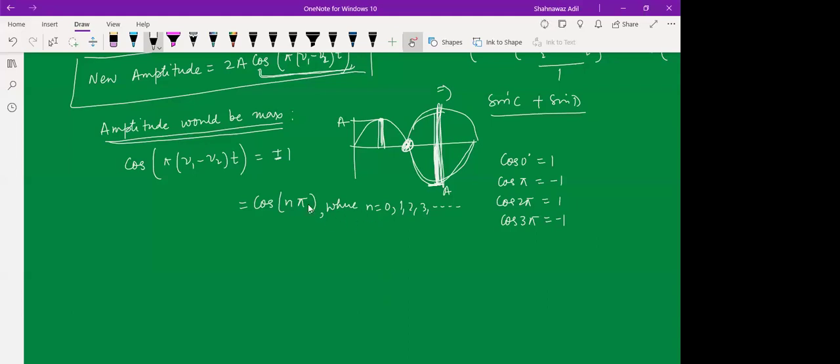If we put n equals 0, that would be cos 0, which is 1. Whenever you put n equals 1, cos pi is -1. Is it clear?